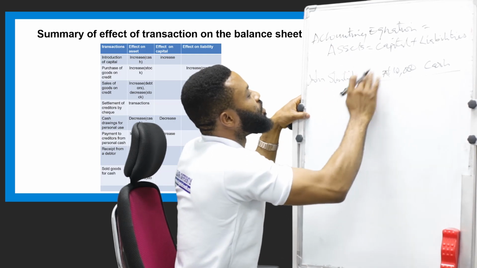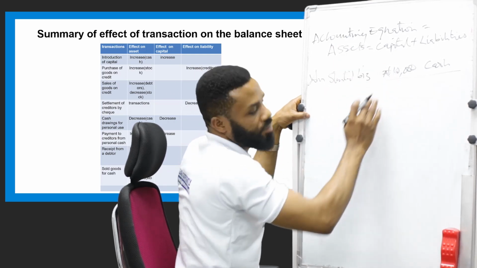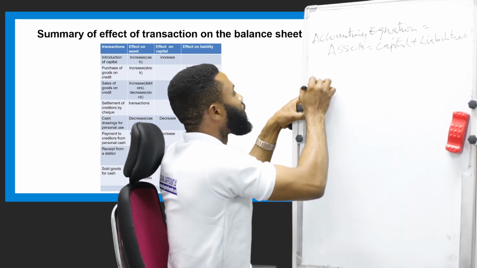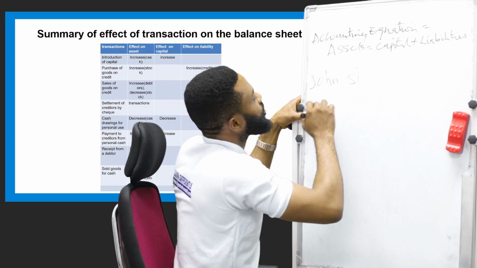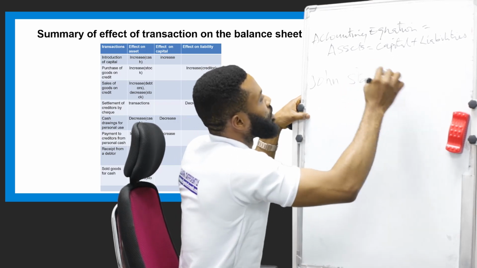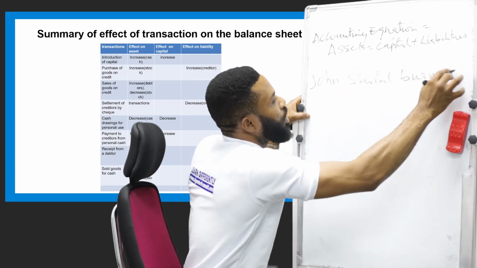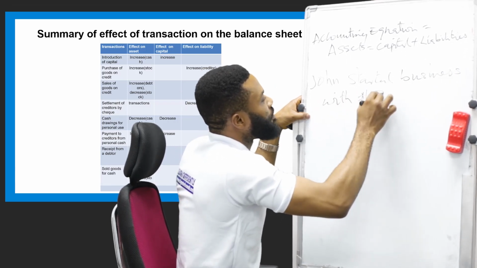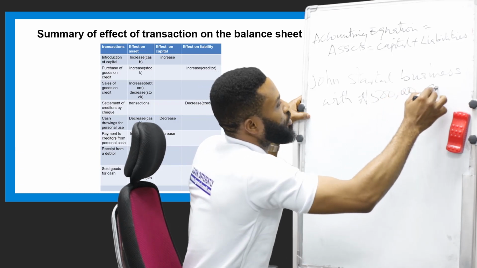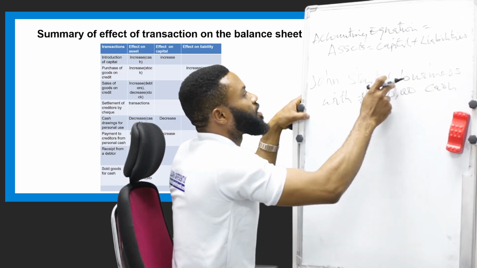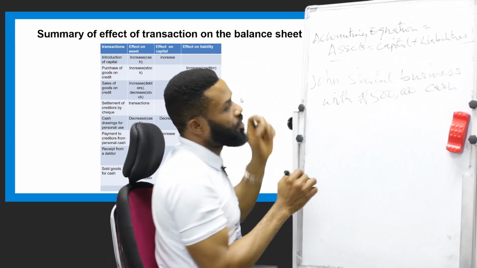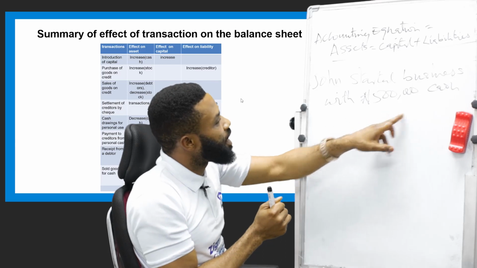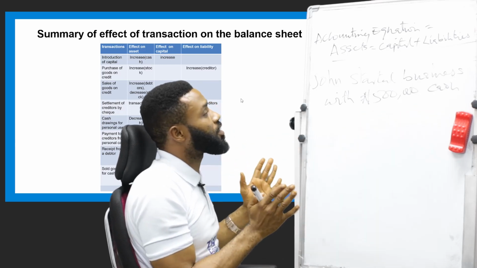Let me write it well, sorry. John started business with 500,000 naira cash. What is the effect of this transaction on this equation? That is what we are looking at. John started business with 500,000 naira cash. It's a very straightforward transaction.